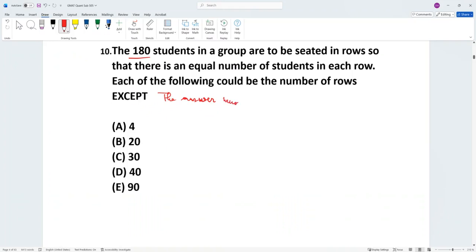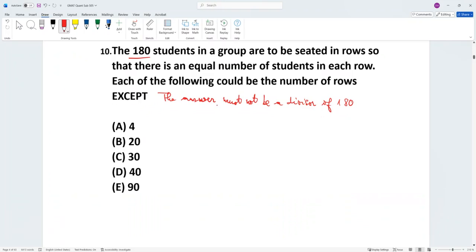So the answer must not be a divisor of 180. A divisor of 180 is any number such that when we divide 180 by it, it gives us a whole number.